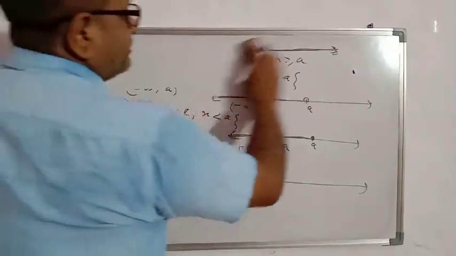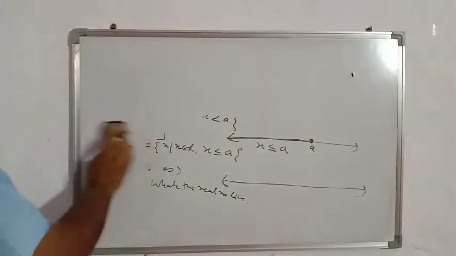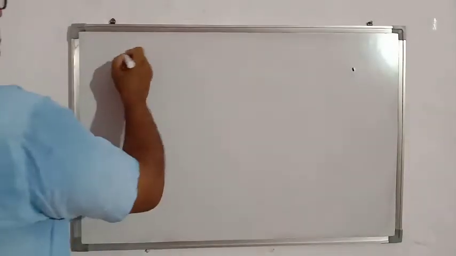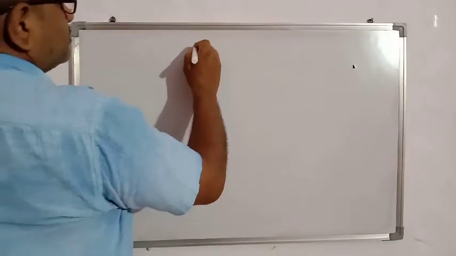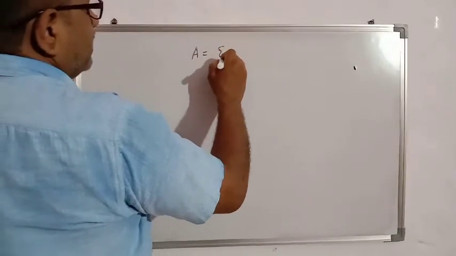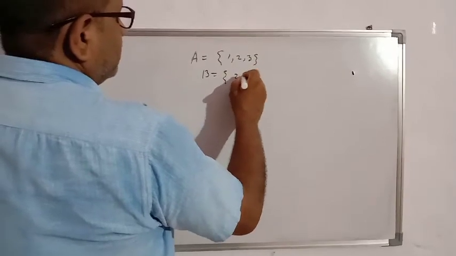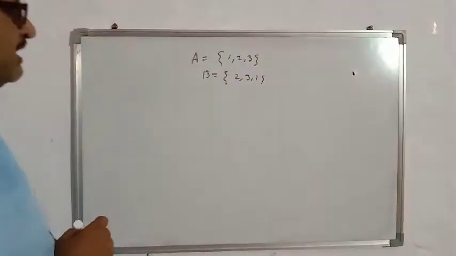We know that two sets are equal if they have exactly the same elements. Suppose set A contains 3 elements, and set B also contains the 3 elements.